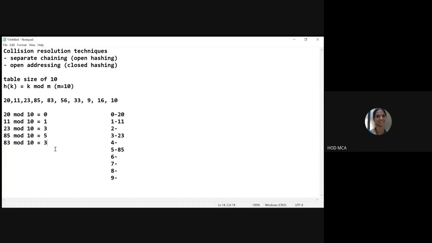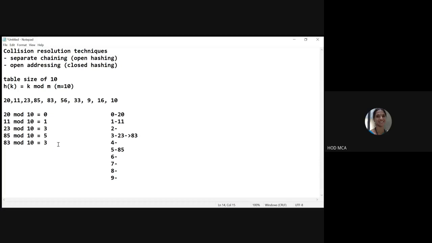So what will happen now? 83 mod 10 is 3, so at this third location I will be creating a linked list. 23 will be my first node, 83 will be the second node. I'm creating a linked list there, so you'll be storing 83 at the second location.